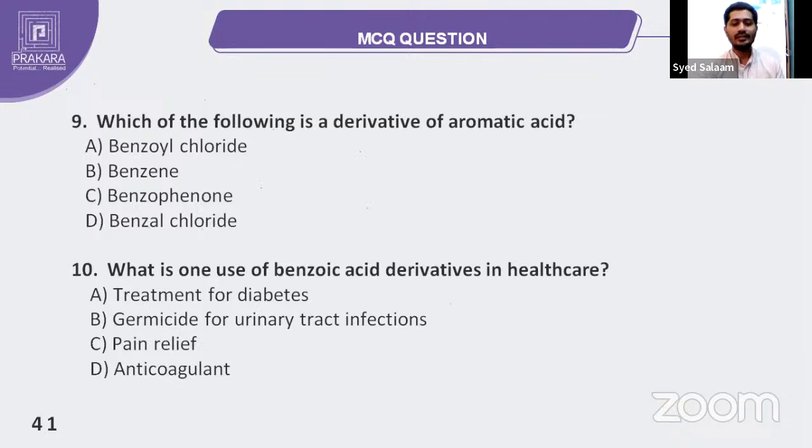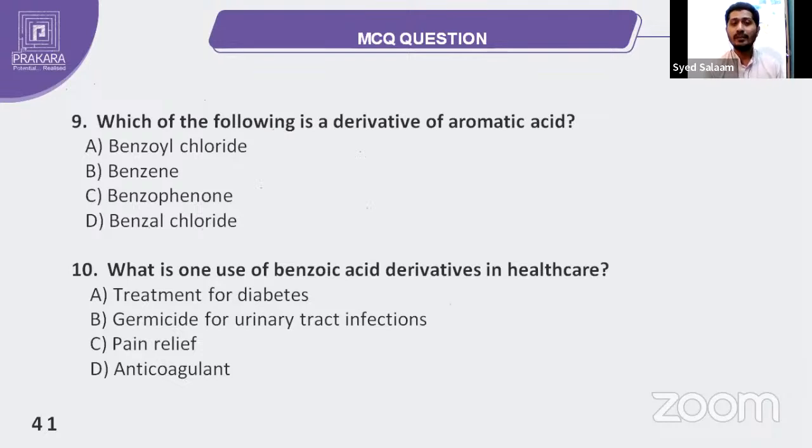Okay, so these are the various multiple choice questions based on our webinar, which we have discussed regarding benzoic acid, where we have seen which compounds are called aromatic acids. Simply, benzene derivatives with carboxylic acid are aromatic acids. What are the important examples of them?